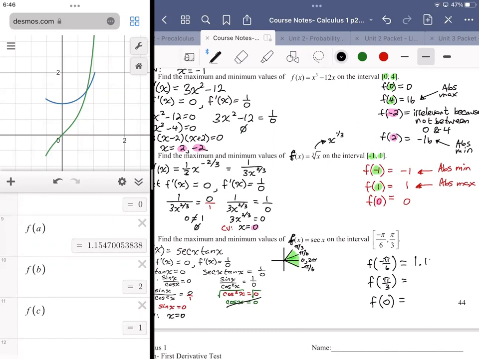So 1.155, and 2, and 1. Okay, so this is my absolute max, and this is my absolute minimum. All right.